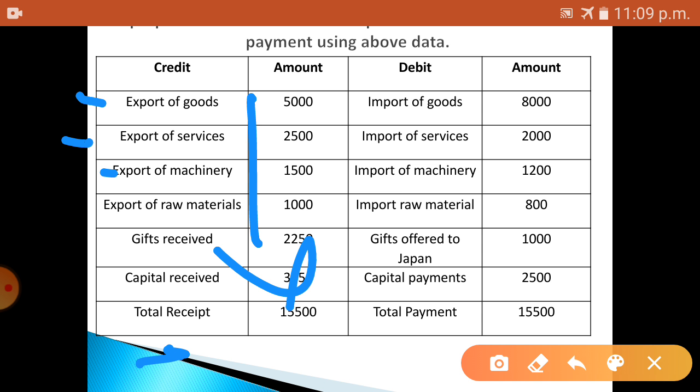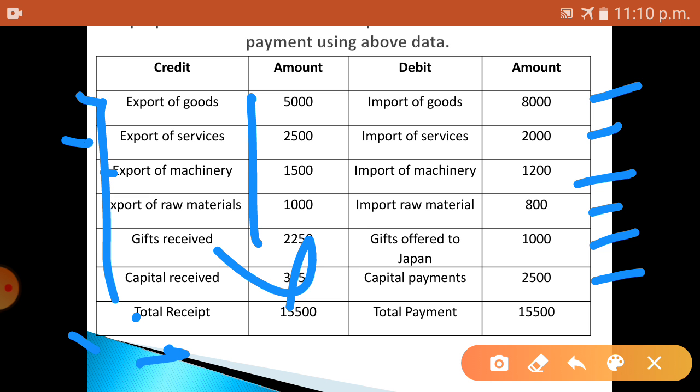The total of the credit side is 15,500. Next, on the debit side we have import of goods 8,000, import of services 2,000, import of machinery 1,200, raw material imported 800, gifts offered to Japan 1000, capital payments 2500.